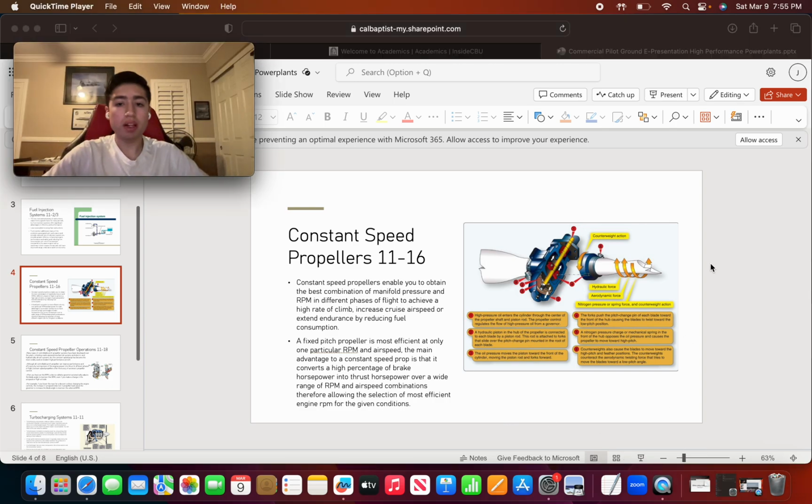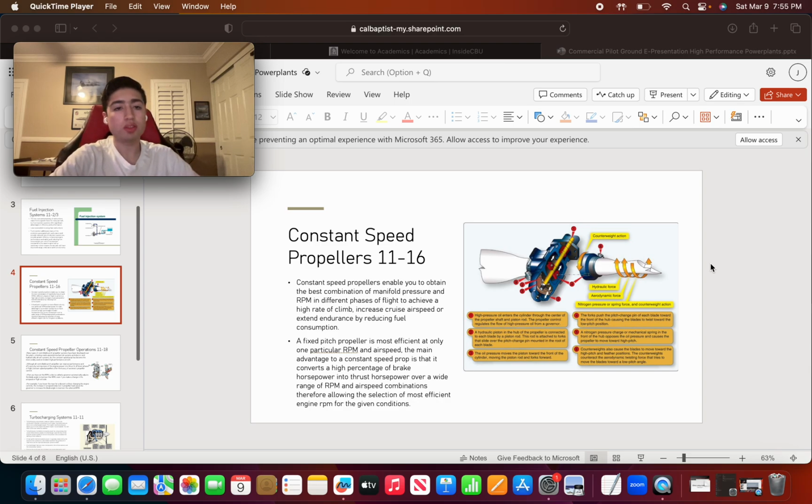Constant speed propellers. Again, this is something else that's common with high performance aircraft and systems. Constant speed propellers enable you to obtain the best combination of manifold pressure and RPM in different phases of flight to achieve a high rate of climb and cruise airspeed, or extend endurance by reducing fuel consumption. A fixed pitch propeller is most efficient at only one particular RPM and airspeed.